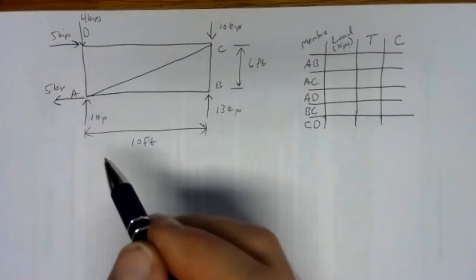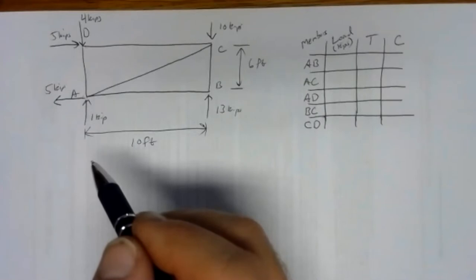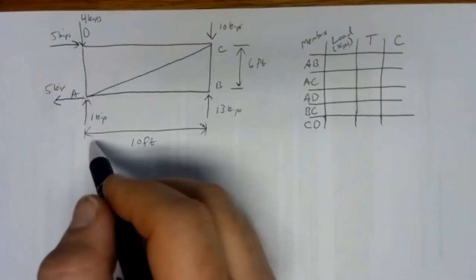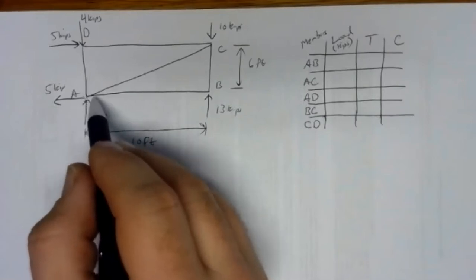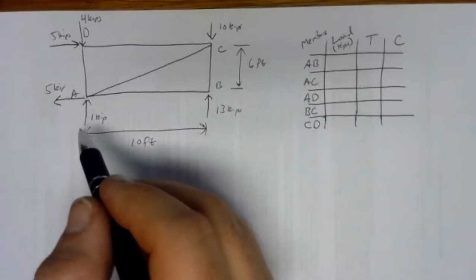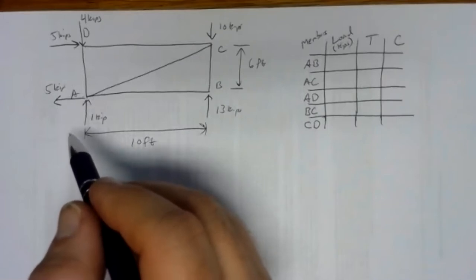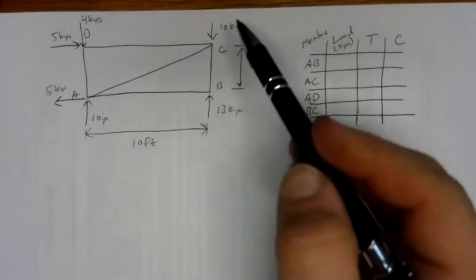That's too many unknowns to handle with 2 equations. 2 equations, we can only have 2 unknowns. The moment equation doesn't work here because nothing touching A has a moment about A. So all we'd ever get if we tried to do the moment equation would be 0 equals 0, which is true, but unenlightening.